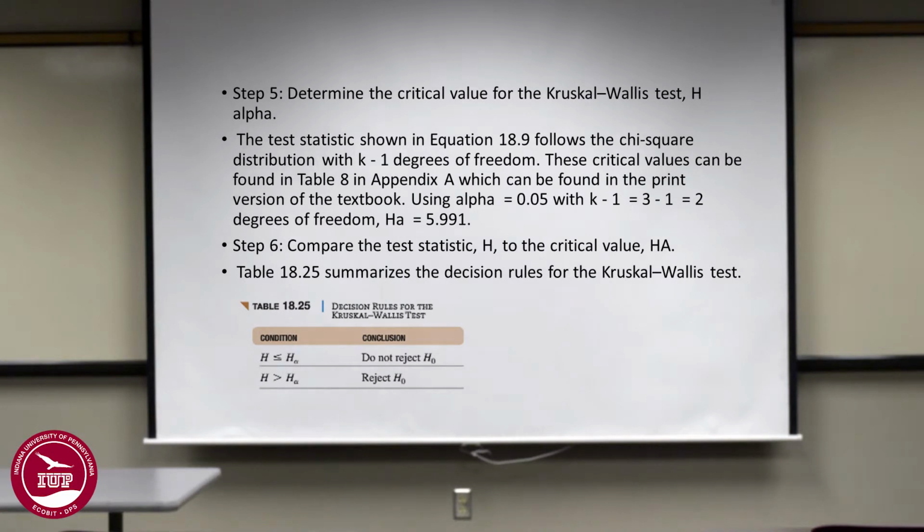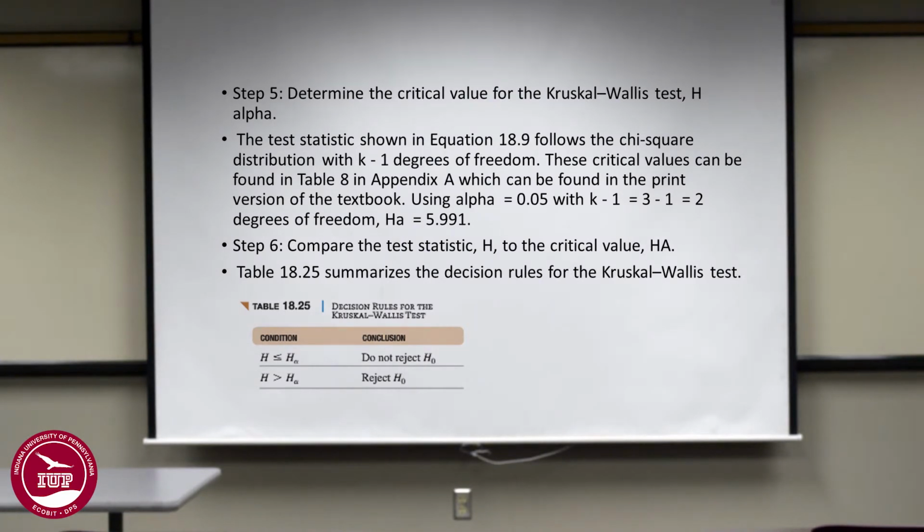Using alpha equal to 0.05 with k-1 equal to 2 degrees of freedom, H alpha is equal to 5.991.